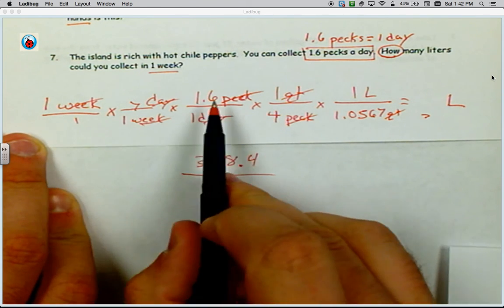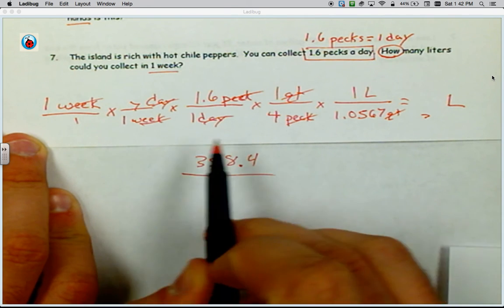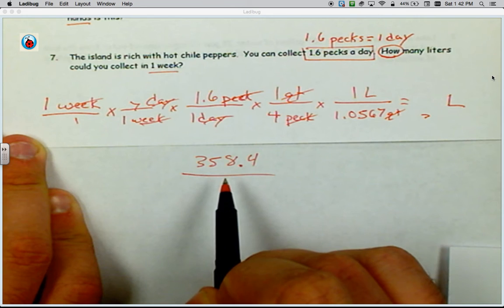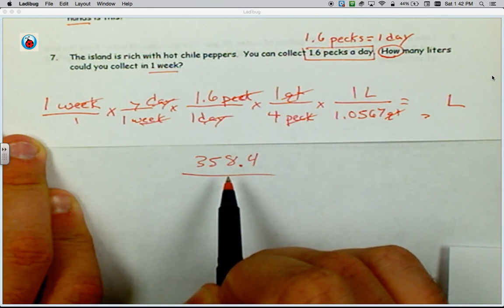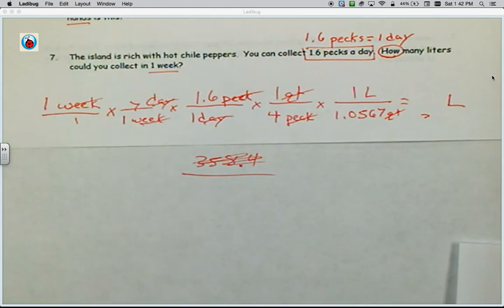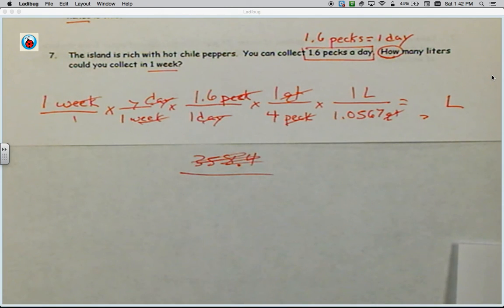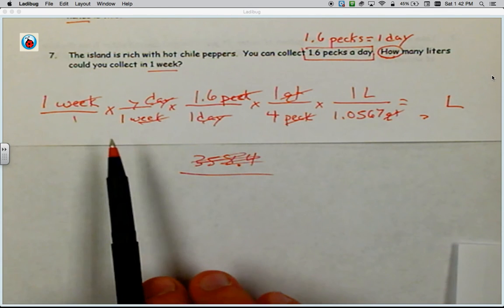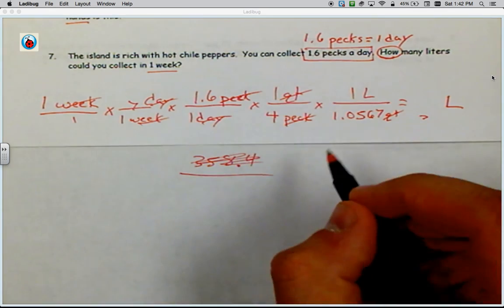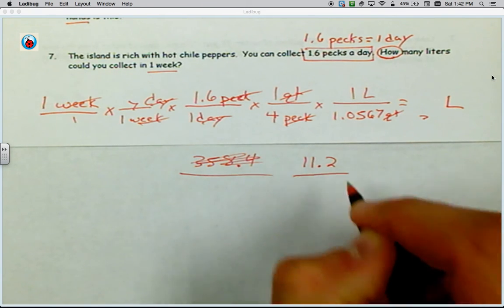When we take 1 times 7 times 1.6, it gives you this guy. Ooh, that sounds a little big. That's not right. Where's my calculator? We should get 7 times 1.6, which gives us 11.2, excuse me.